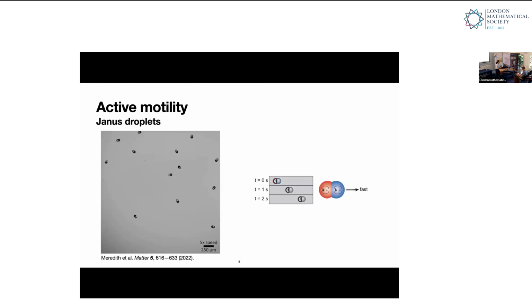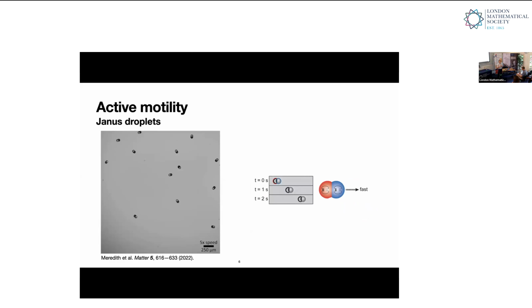A very large class of active matter has to do with living systems, but there are also synthetic systems, like this experiment. This is similar to what Luke was showing earlier. There are some microspheres with a coating on half of the sphere.